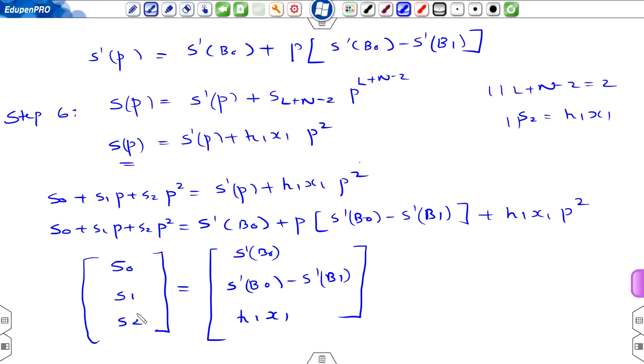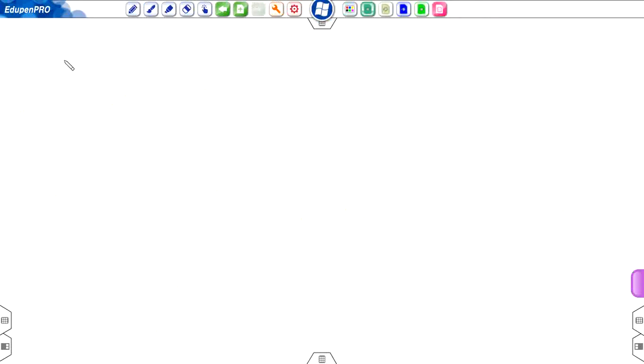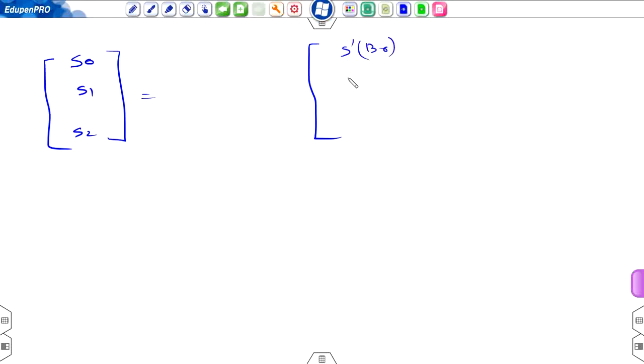We can further decompose this matrix, separating the terms S prime beta 0, S prime beta 1, H1 x1 into one matrix and their coefficients into another matrix. So we can write S0, S1, S2 on the left hand side, and on the right hand side S prime beta 0, S prime beta 1 and H1 x1.